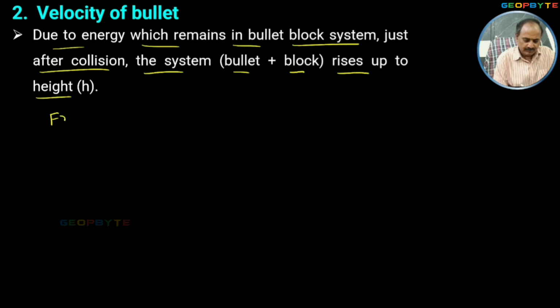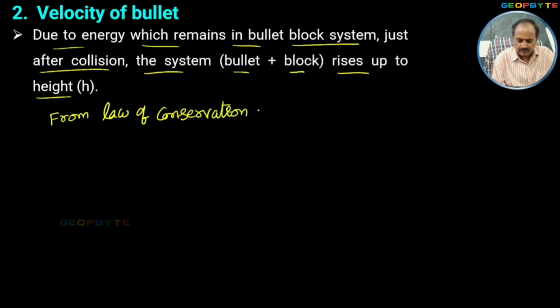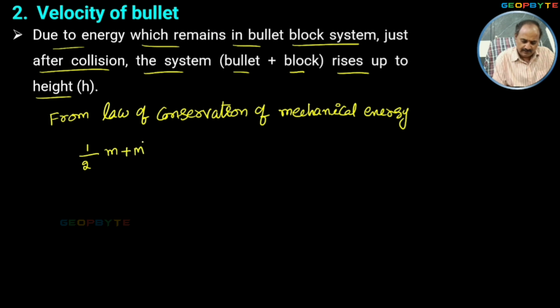So from the law of conservation of mechanical energy, half into small m plus capital M multiplied by the square of the combined system velocity is the kinetic energy maintained by the combined system of block and bullet.